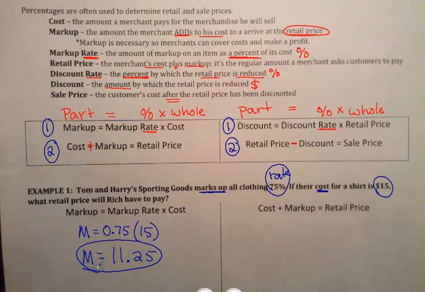Now then, we want to find the retail price. So we're going to take our cost, $15, and add the markup amount, $11.25, and that's going to equal our retail price. So what's 15 plus 11.25?